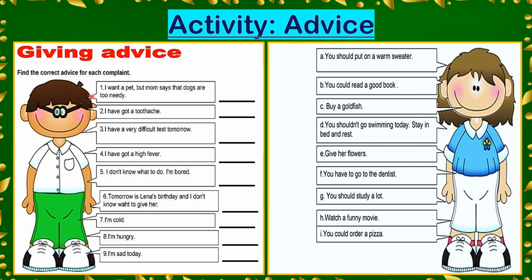So let's try number 1. I want a pet, but mom says that dogs are too needy. So the answer is letter C, buy a goldfish. After you write letter C, you just cross out letter C. Good luck, everyone!